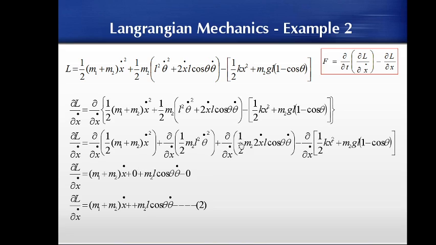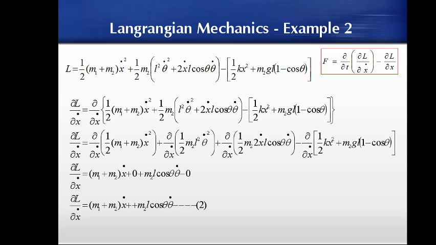And here you will be getting these 2, and this 2 gets cancelled, and you can see that m2 l cos theta into theta dot is a constant right now. So only the variable is x dot. So if I'm finding dou by dou x dot of x dot, it is 1, because n is equal to 1 here. So 1 into x into 1 minus n minus 1, that is 1 minus 1 equal to 0.